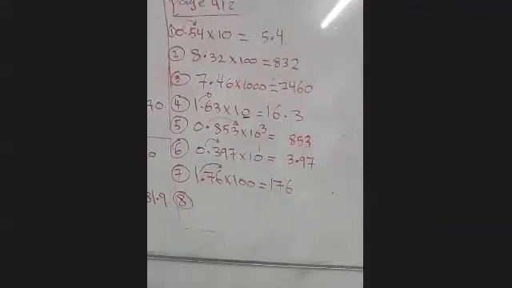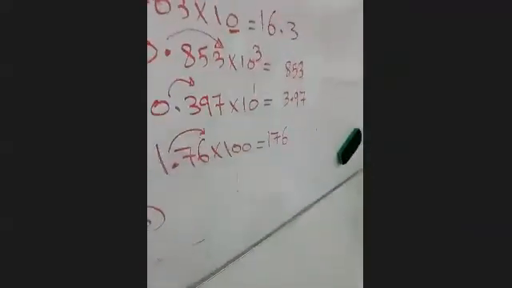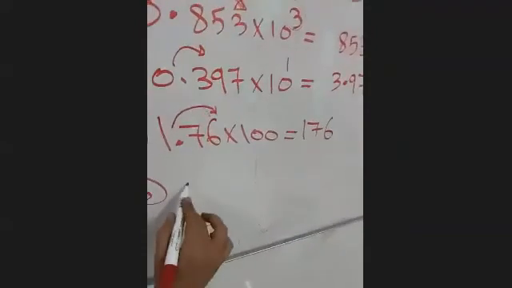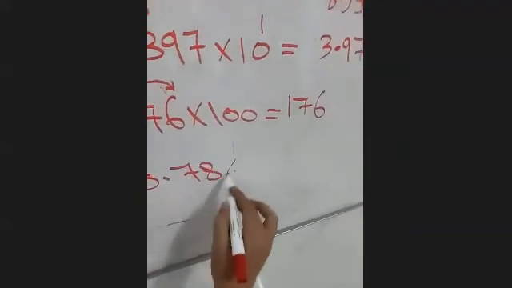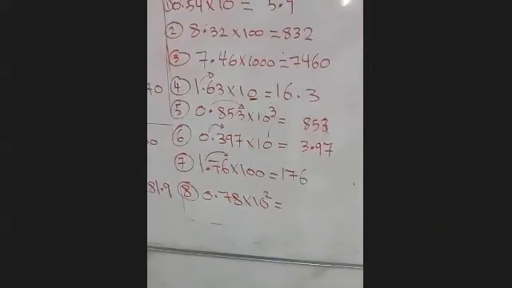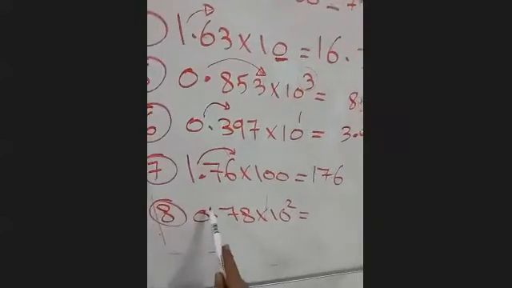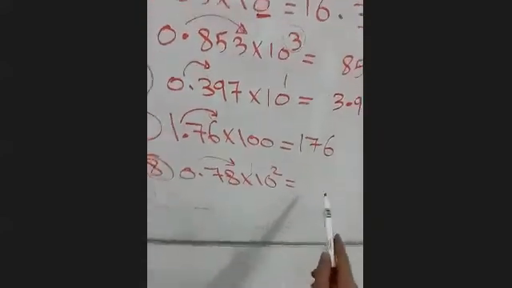Read the next step. 0.78 multiply 10 to the power of 2. We will push the decimal after the 8. We will add 0.